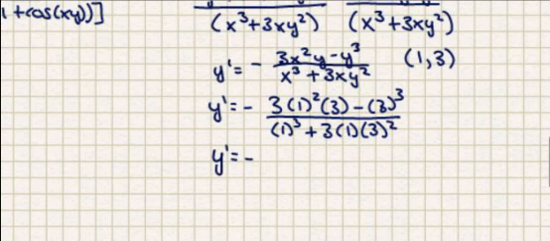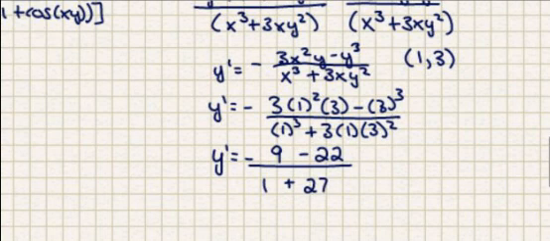So 3 times 1 to the power of 2, so it's just going to be 3, times 3, so 9. Minus 3 to the power of 3, which is 27. And then we have 1 to the power of 3, which is 1. Plus 3 times 3 to the power of 2, so 3 times 9, which is 27. I don't know why I wrote 22 there. Sorry.